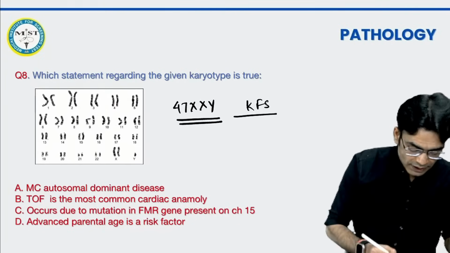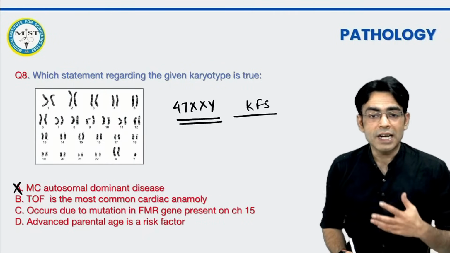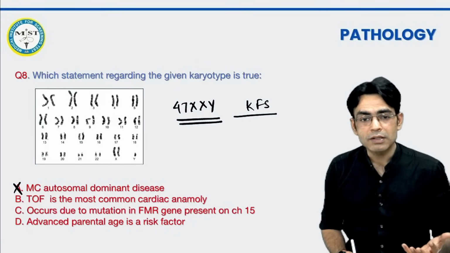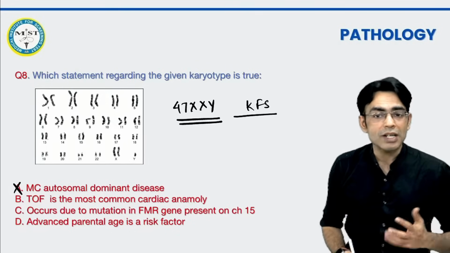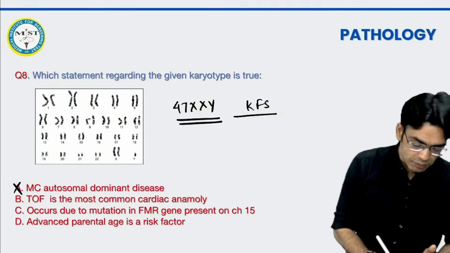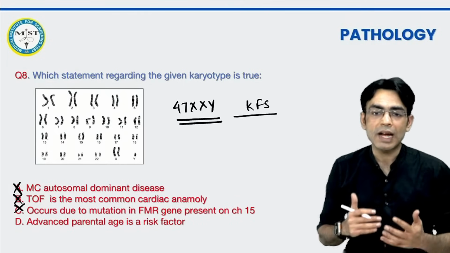Everything is wrong, it's a sex chromosome disorder. Tetralogy of Fallot is the most common cardiac anomaly? No. Mitral valve prolapse. Occurs due to mutation of the FMR gene? No. Advanced paternal age? Yes. Advanced paternal and advanced maternal age is a risk factor for Klinefelter syndrome.